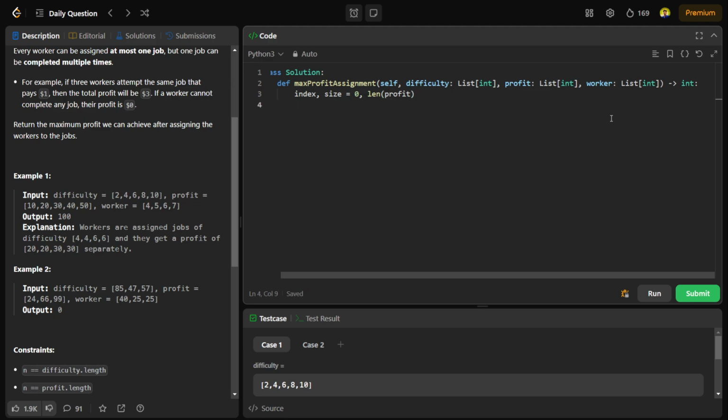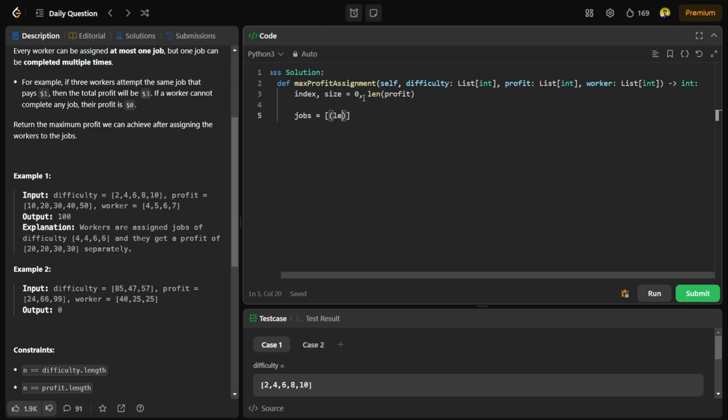Now I need to make a pair of jobs. I need them because I need to do sorting based on the difficulty level. So instead of sorting two arrays, I can club them in a single one.